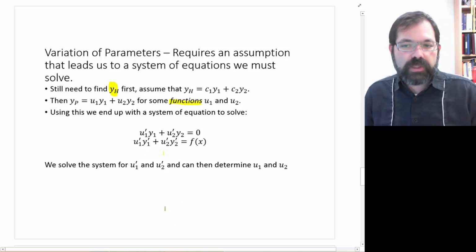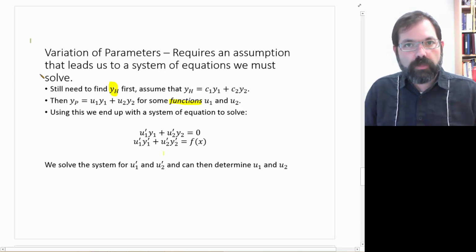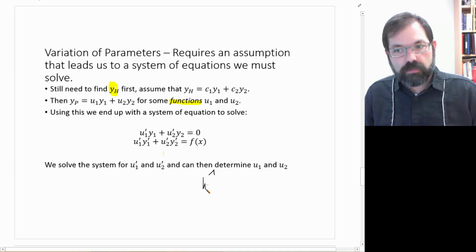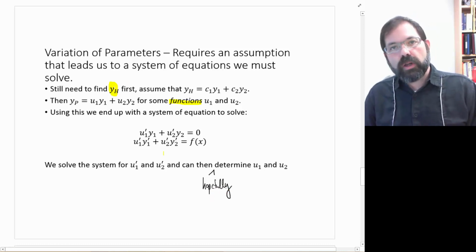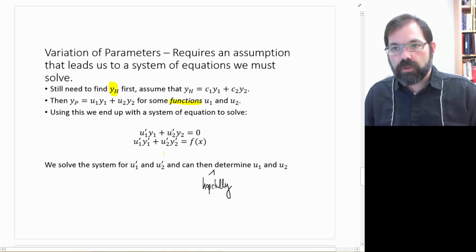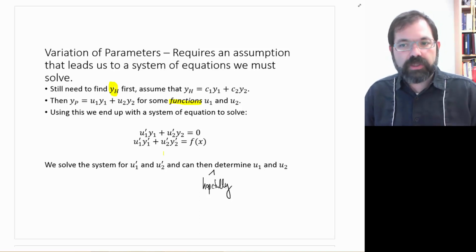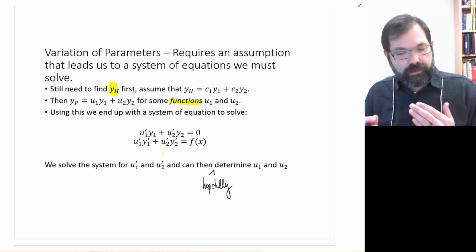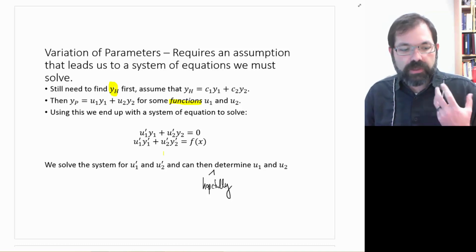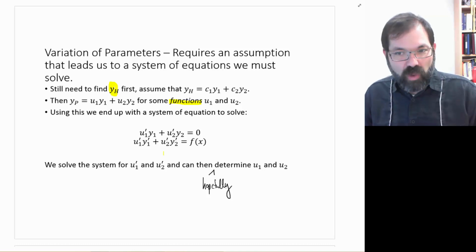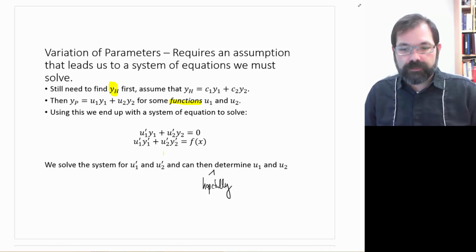And we can then solve this system of equations for u1 prime and u2 prime, and then hopefully we can determine the u1 and the u2 through integration or antiderivatives. This is a messy process, and again, finding the antiderivatives is usually the difficult part of this. So it will work, but it's not always pretty.